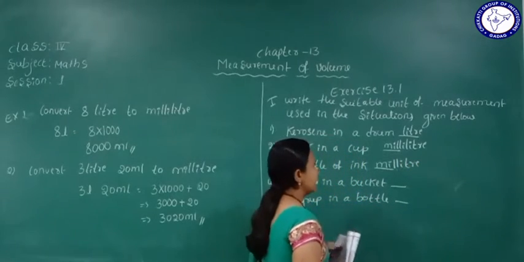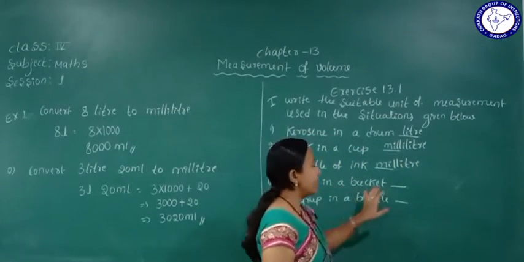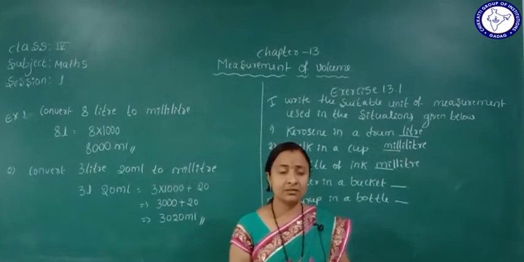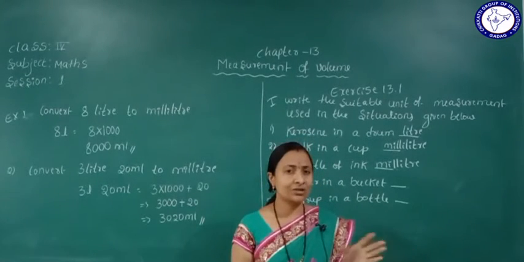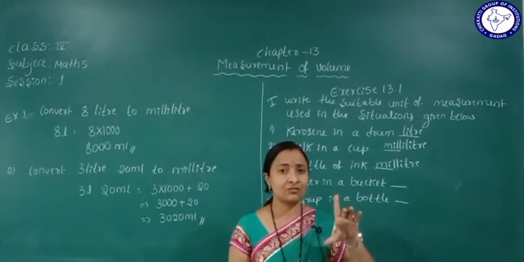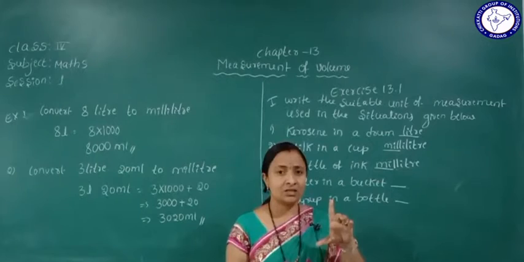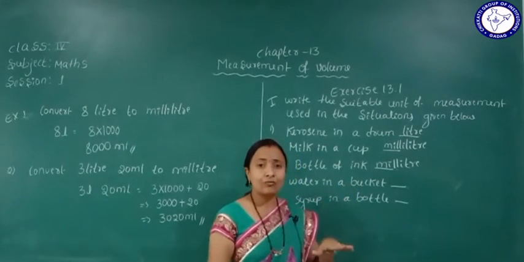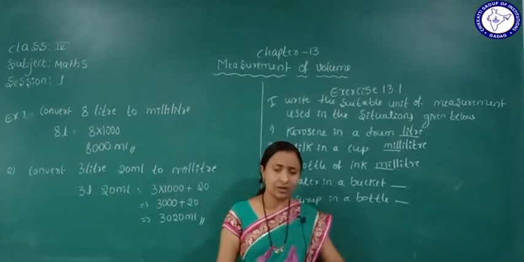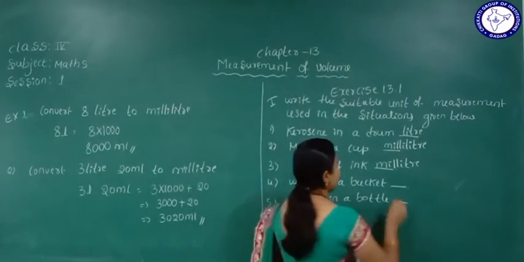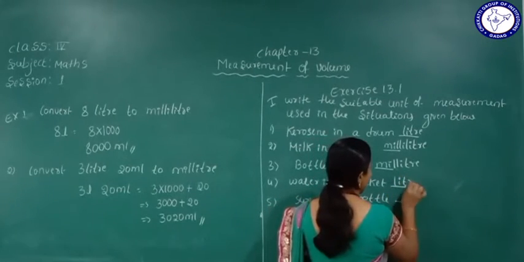Next one, water in a bucket. A bucket holds 8 liters, 10 liters. It's not a quantity in milliliters. Milliliters would be for a jug of water, a glass of water, or a tumbler of water. A bucket can be big, so it holds liters of water.